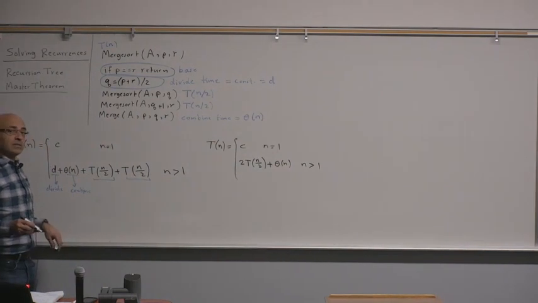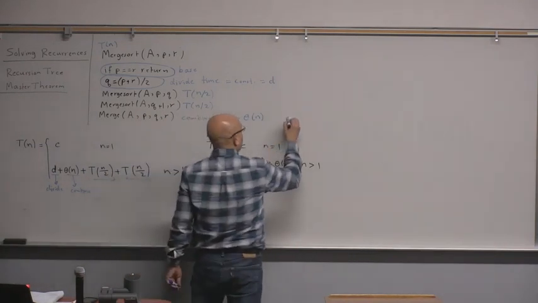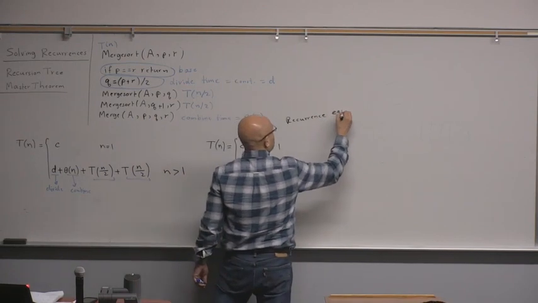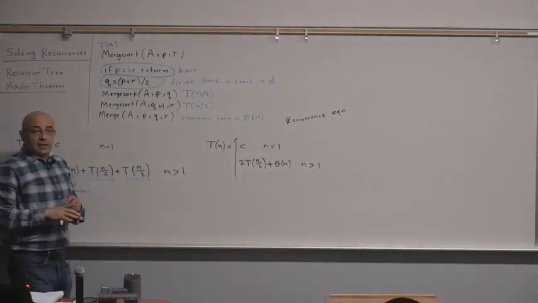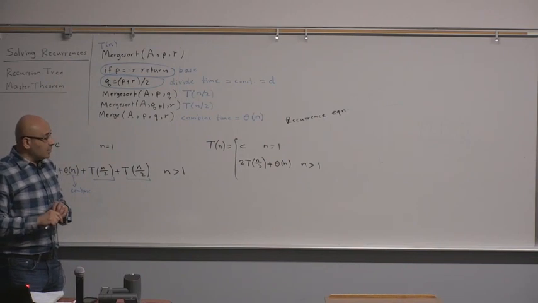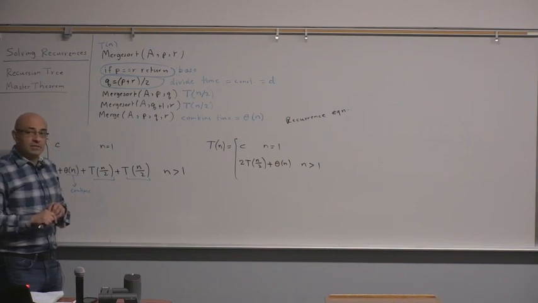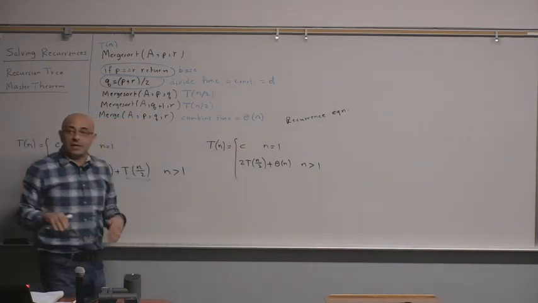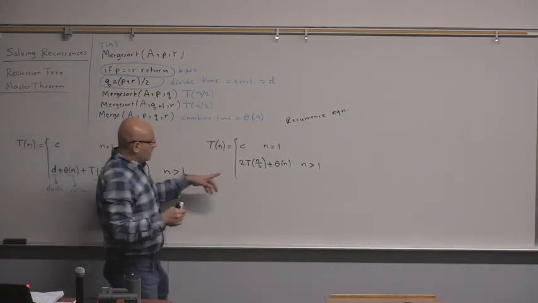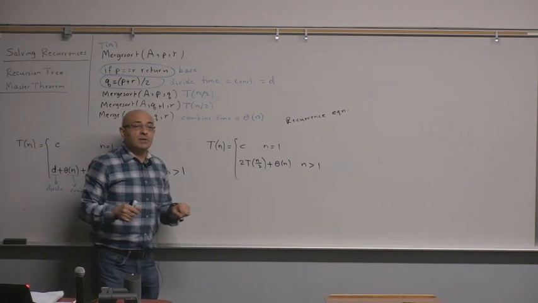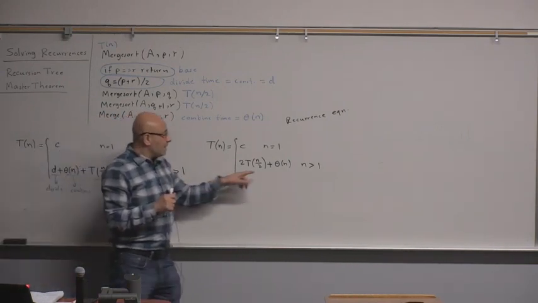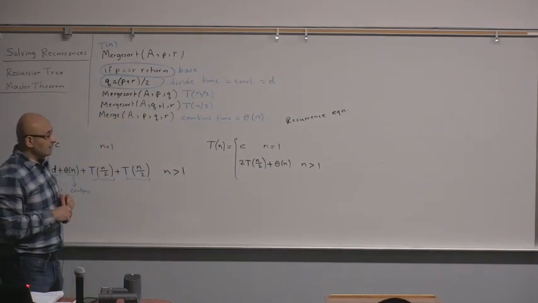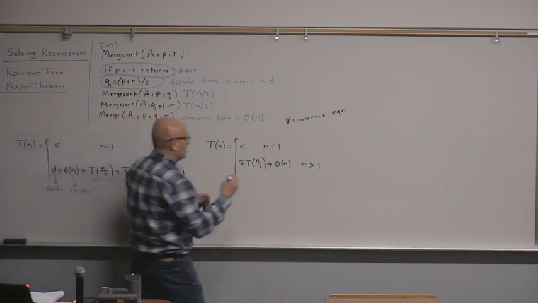So this is what we call a recurrence or recurrence equation. It's an equation that represents the running time of a recursive algorithm. So a constant for the base case, and for the non-base cases, this is 2 times the running time for each half plus the linear running time for merging the two.